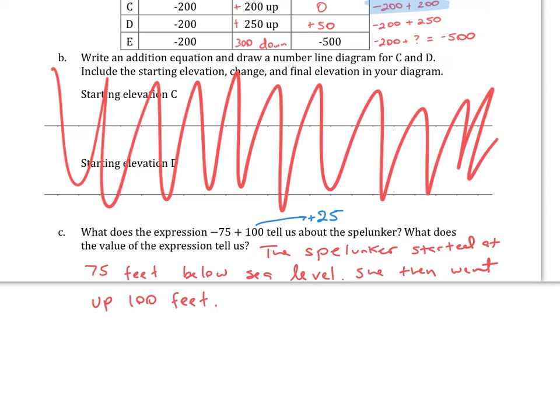So since the final elevation was 25 feet, this tells me that she was 25 feet above sea level. She ended at 25 feet above sea level.